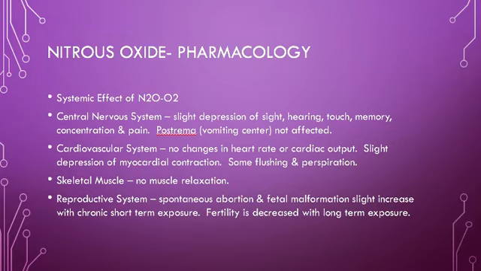Now let's talk about some of the systemic effects of nitrous oxide. In the central nervous system, some of the systemic effects are slight depression of sight, hearing, touch, memory, concentration, and pain.